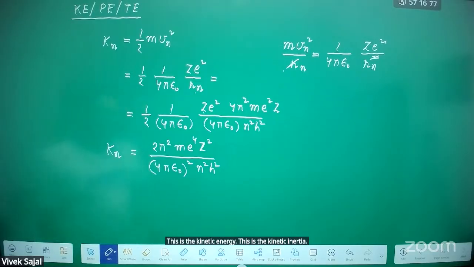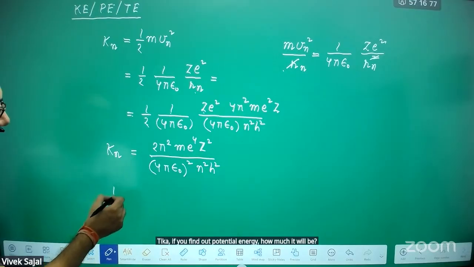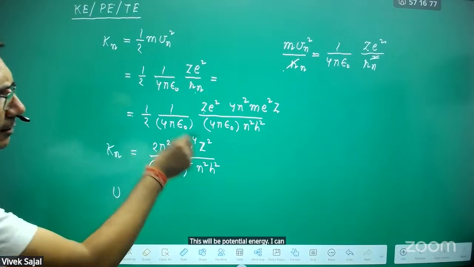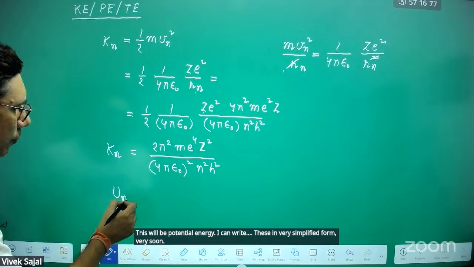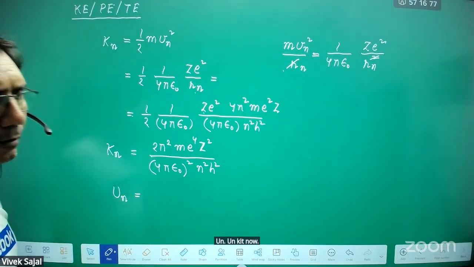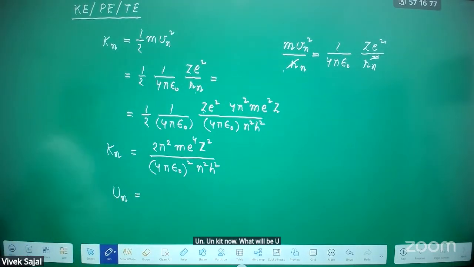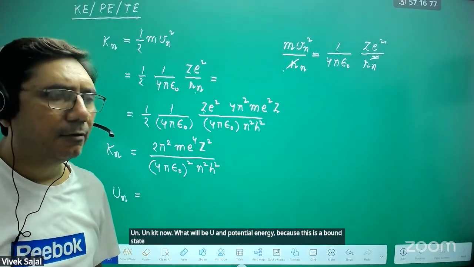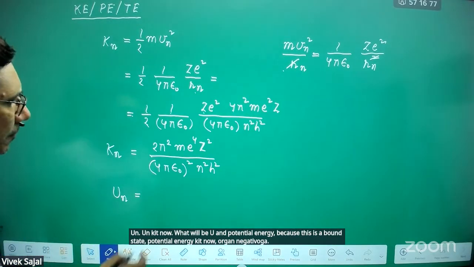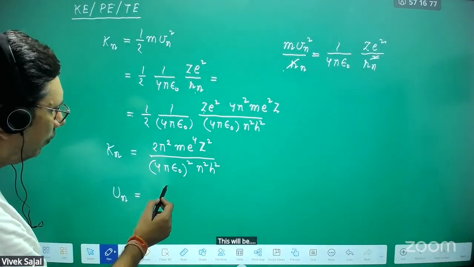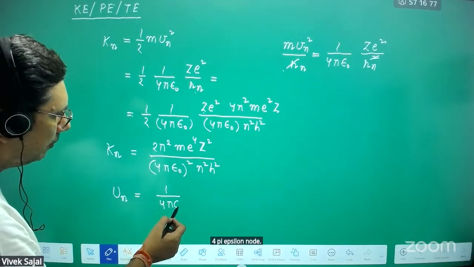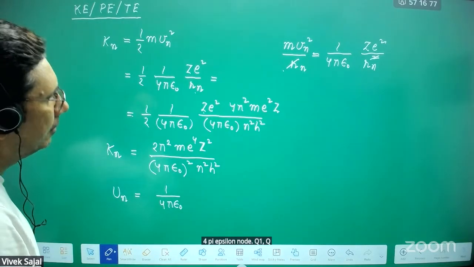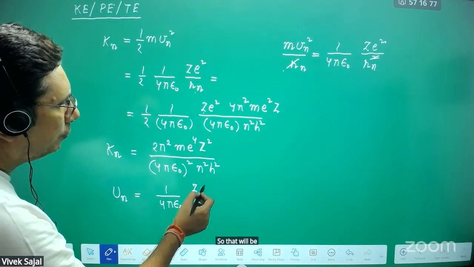If you find out the potential energy, how much will it be? I can write these in very simplified form very soon. What will be U_n, the potential energy? Because this is a bound state, the potential energy will be negative. This will be 1 upon 4 pi epsilon naught Q1 Q2 upon r, so Ze Q1 Q2.